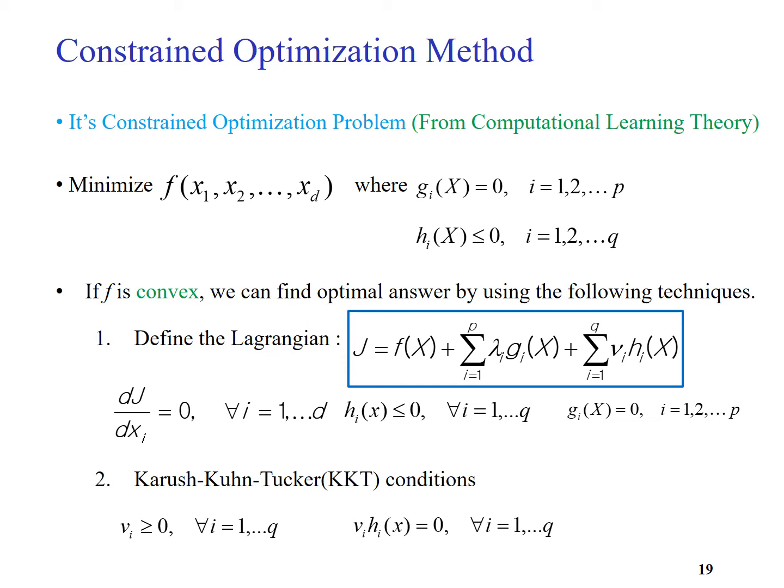Previously I said the primal form of SVM can be solved by using the constraint optimization method. So this slide explains the basic concept, a very short introduction of the constraint optimization method. This method is part of optimization problems, and it's actually a big area, part of computational learning theory. So I don't want to talk about the detail here.